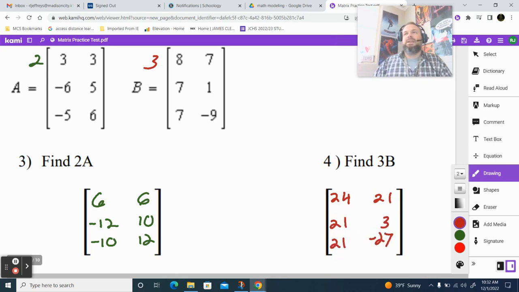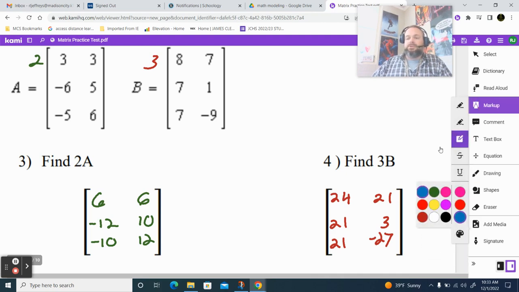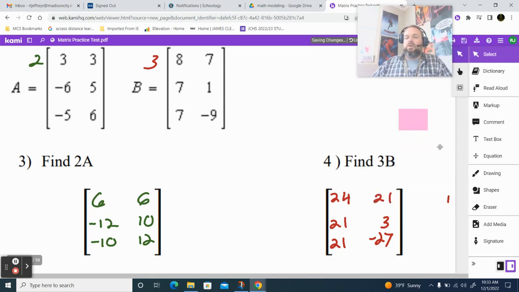Now, one thing I forgot to mention, at the very top of these directions, each one of these questions is 6 points each. The reason why: how many digits are in each one? 6. That way, if you happen to miss something, I'm only counting off that 1 point. You don't miss the whole thing.